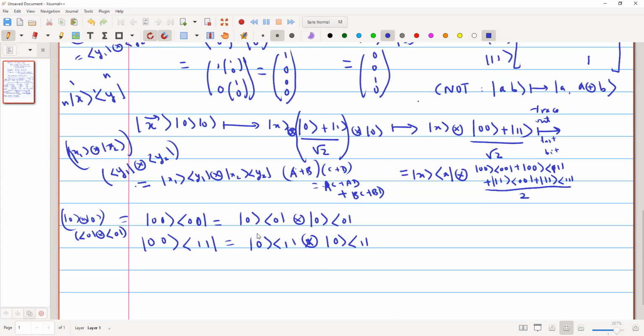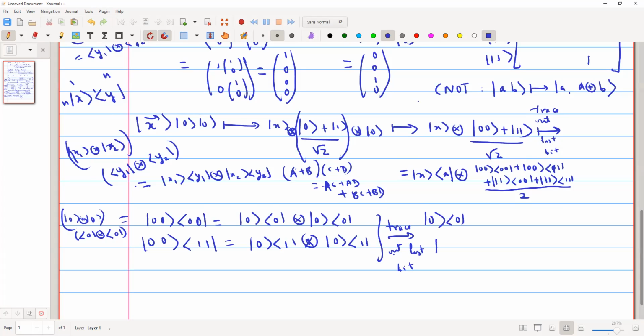Once I write things this way, to do the partial trace I'll just apply the trace operator on the last bit. In the first case, the trace was 1.